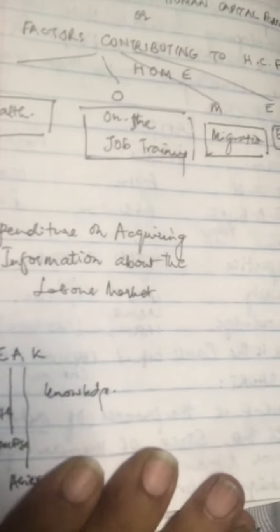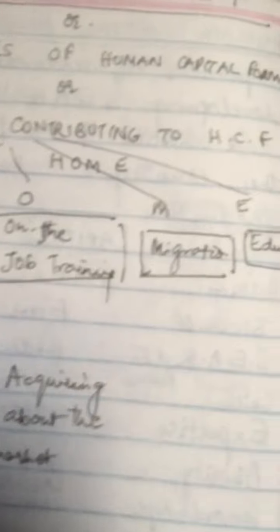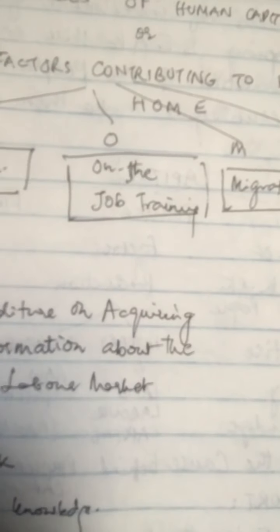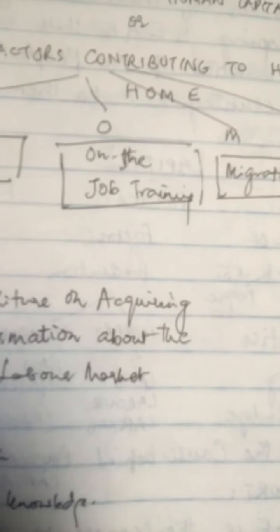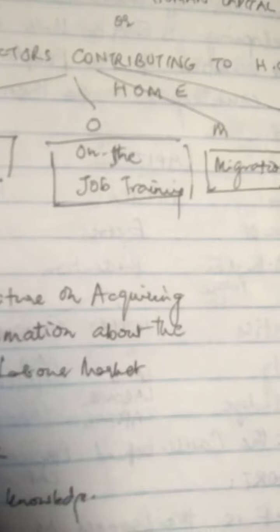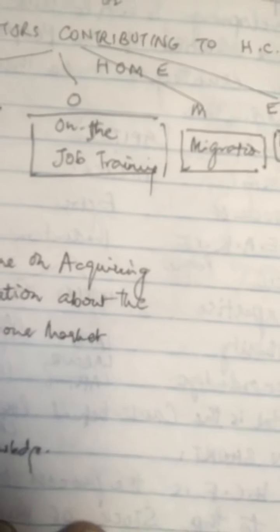So expenditure on education is a very important thing. Why? We are undertaking education for the same reason, for human capital formation. So let's just talk a little more about it.